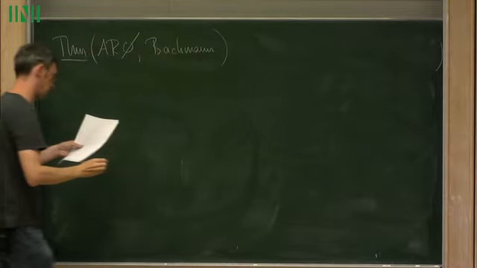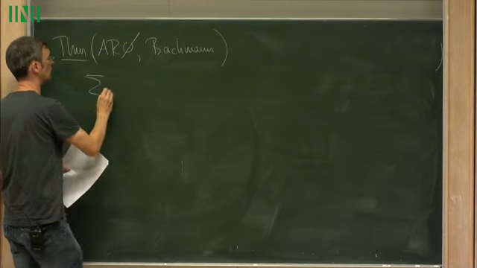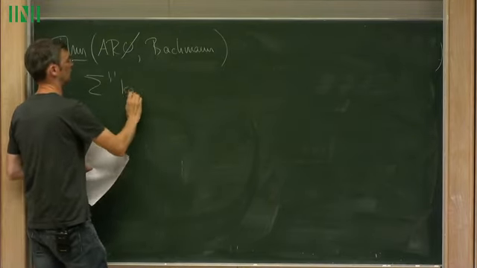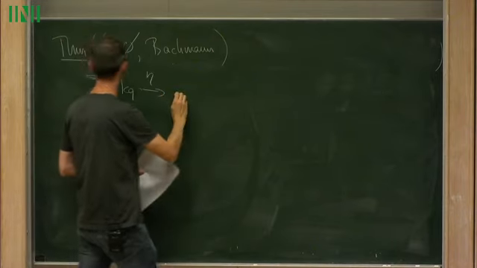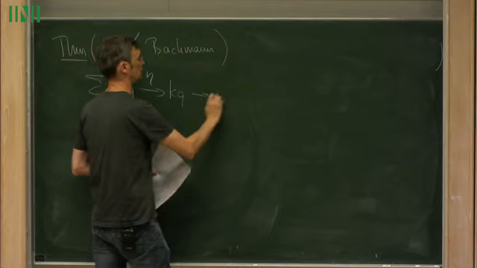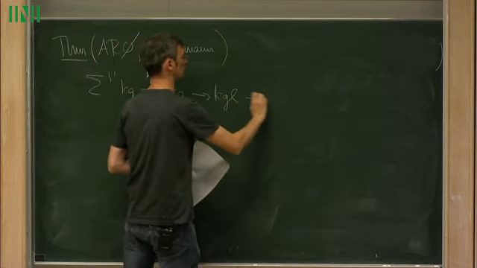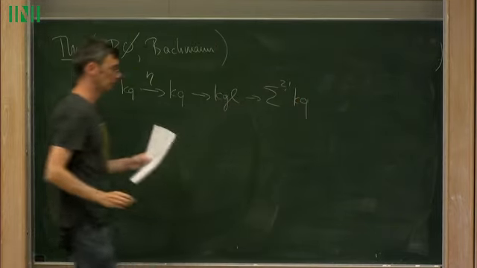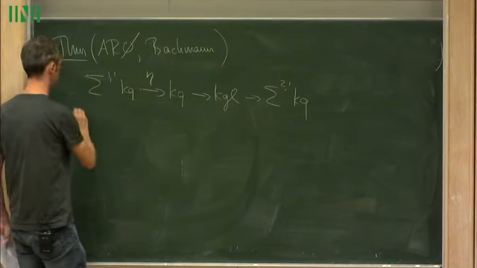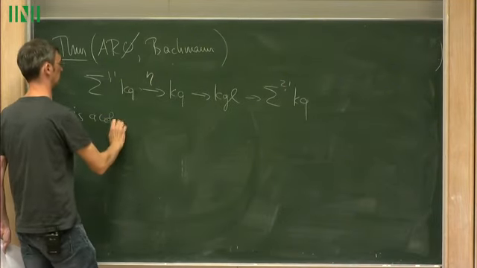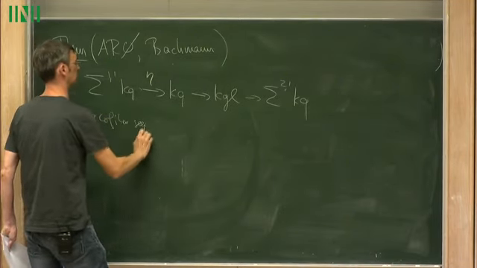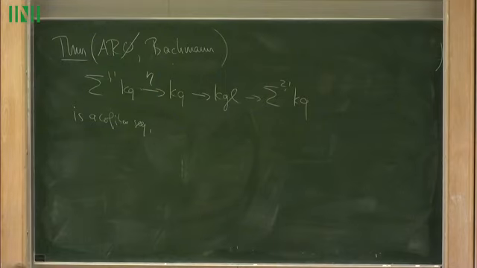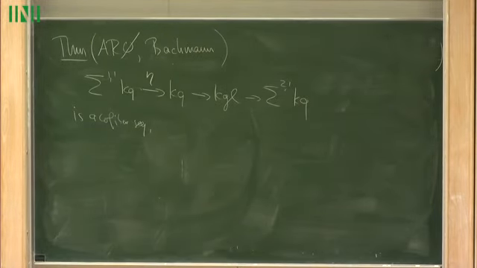This also induces a co-fiber sequence for the very effective versions. So you can multiply with eta here, and then the co-fiber is little kgl, and then you get your map here. And these are induced by the forgetful and the hyperbolic maps as before.